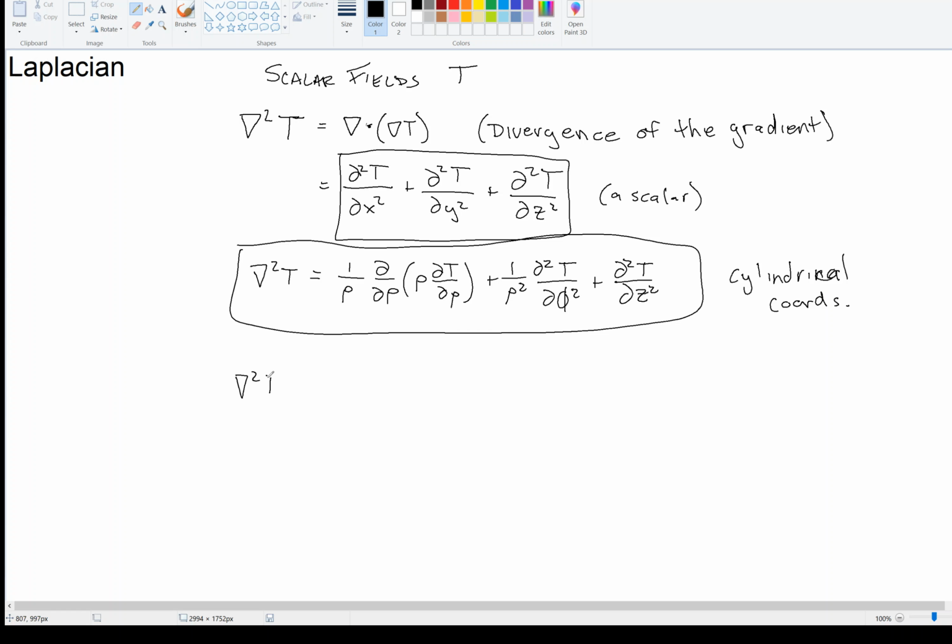And again, unsurprisingly, the Laplacian has a computation in spherical coordinates as well. So this would be 1 over r squared again because we're taking two partial derivatives.